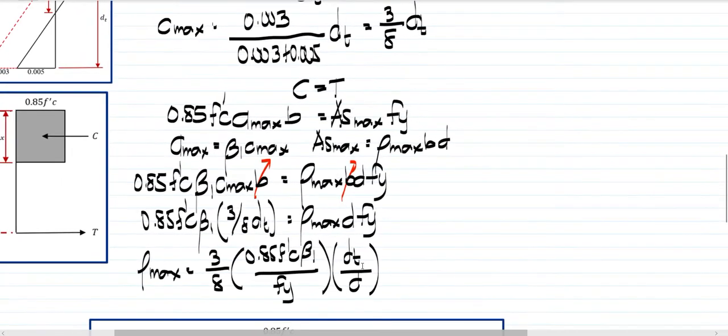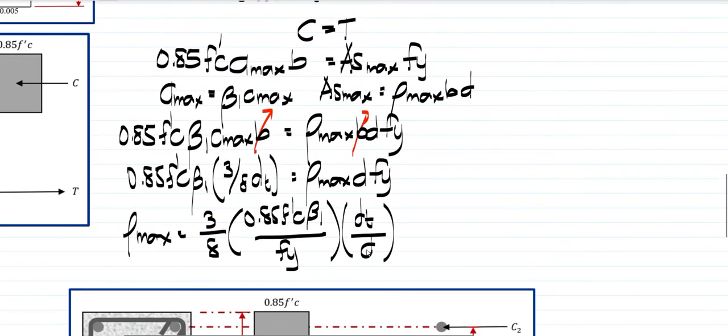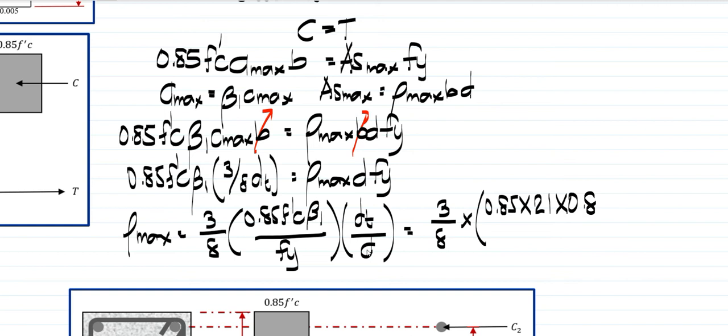and we could substitute the values or the magnitude. So, that will be equivalent to 3/8 times 0.85 times 21, and yung beta 1 natin is 0.85 pa rin kasi yung F prime C natin is less than 28, divided by our Fy is 415. So, etong term na to sa equation natin will be cancelled out.